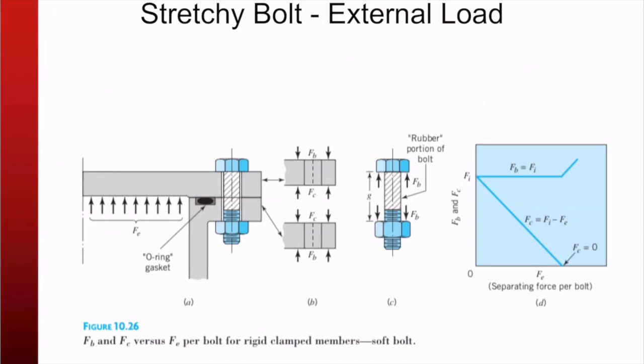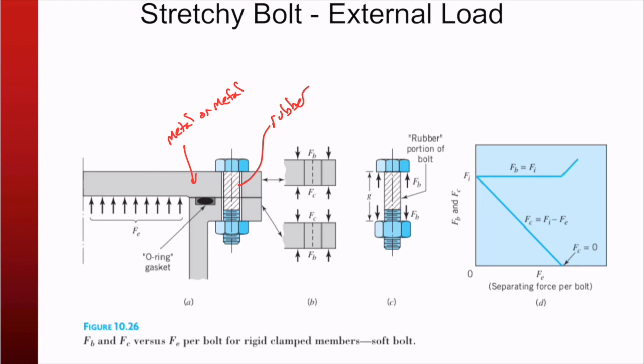Next extreme is, what if I have a really stretchy bolt, and it's just metal on metal here. So that's metal on metal, and this is super stretchy, so it's like rubber.